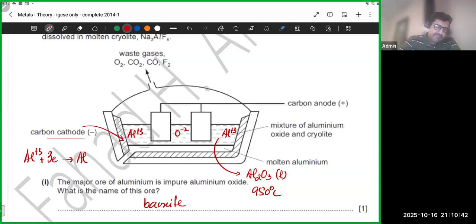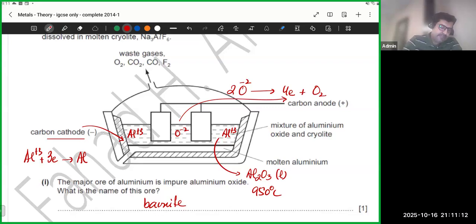The oxygen ions get attracted to the positive anode because they're negative ions, and they lose electrons. They're diatomic, so they're supposed to lose 2 electrons, but now they're going to lose 4 electrons. Two oxygen atoms are formed, which join together to form oxygen gas. That's your main reaction.